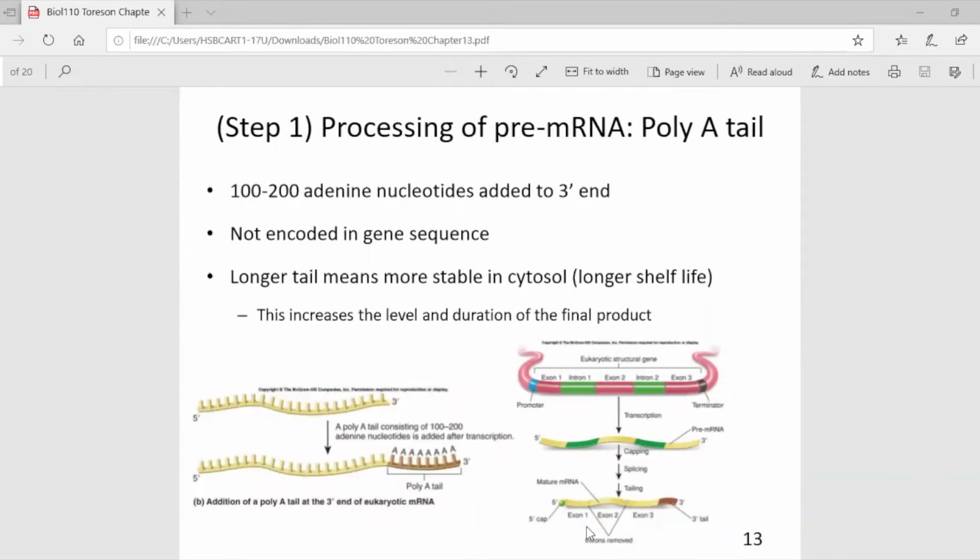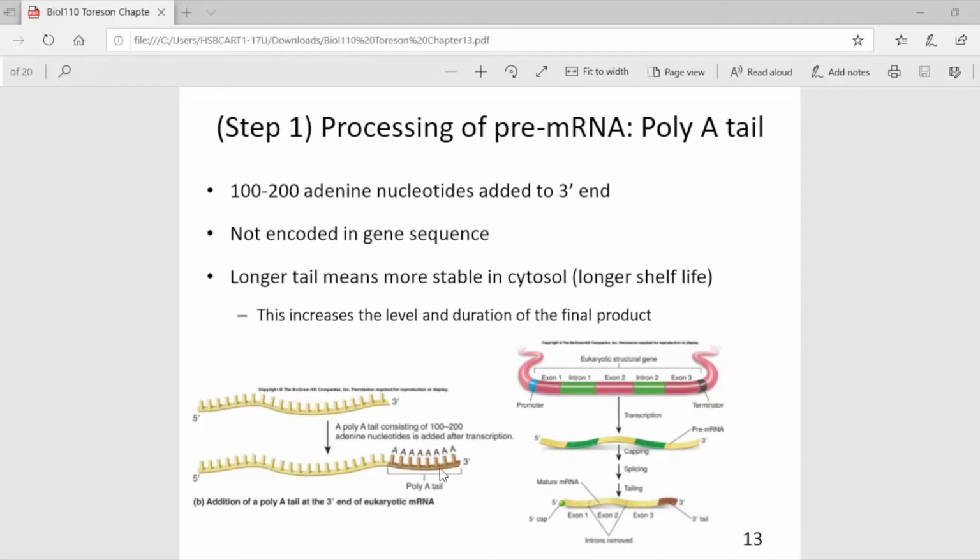The poly A tail is added to the 3' end of the RNA molecule. We can see this represented here on the left-hand side of slide 13. The poly A tail is a couple hundred adenines that are added to the 3' end.